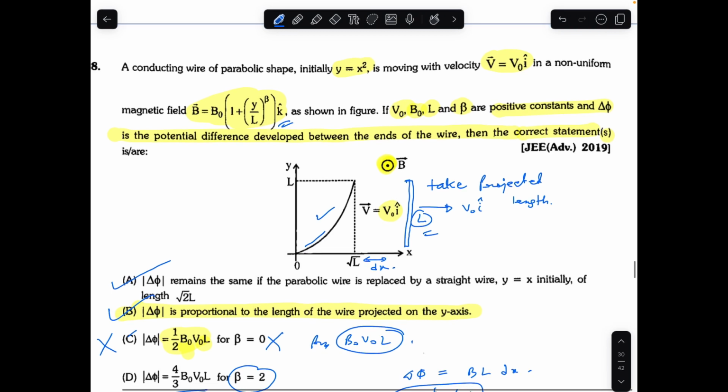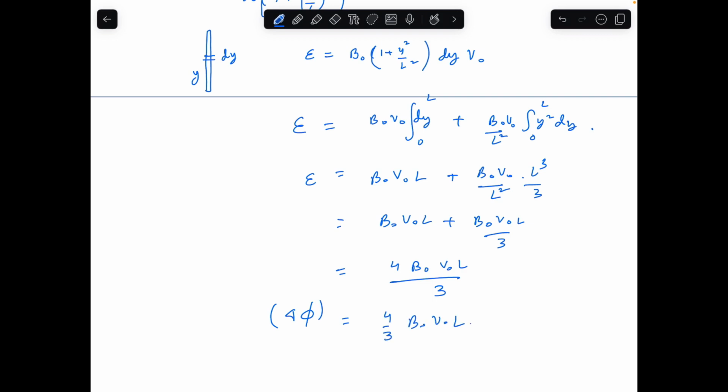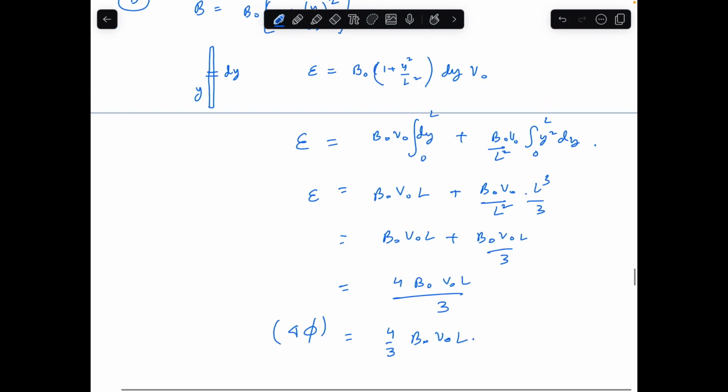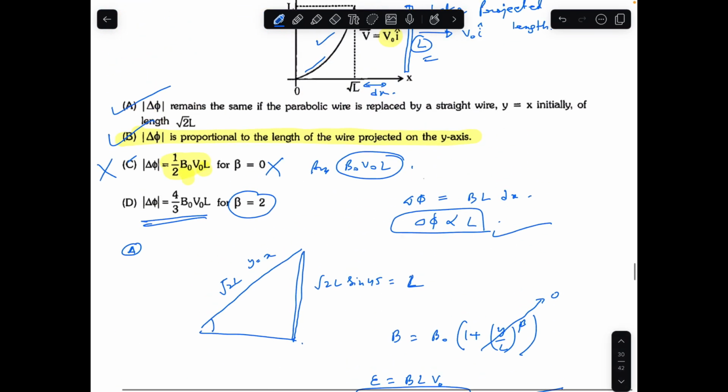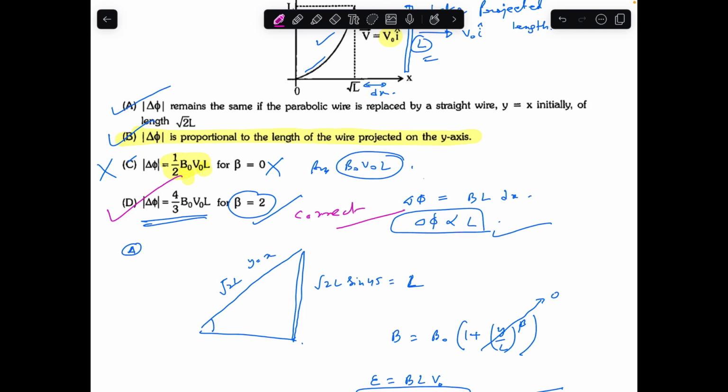So delta phi will be 4 by 3 B naught V naught L. So fourth one is also correct. I am using the concept delta phi will be proportional to EMF.